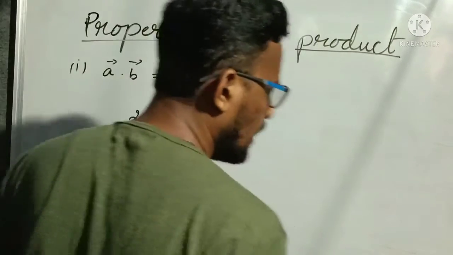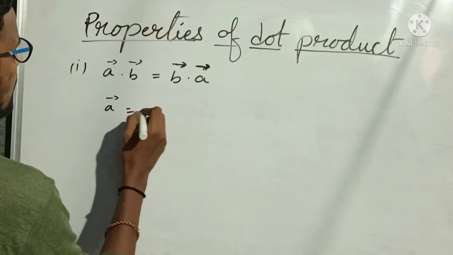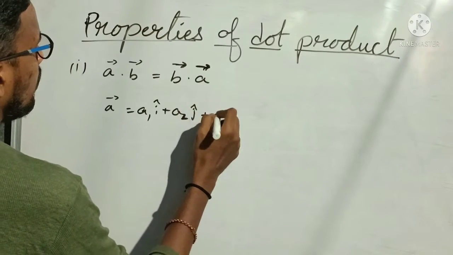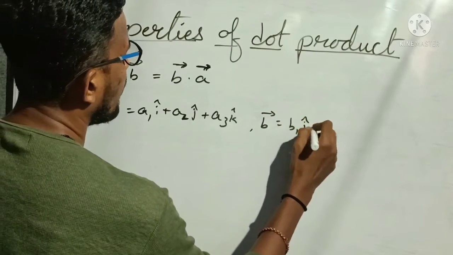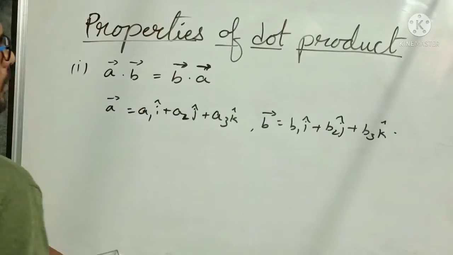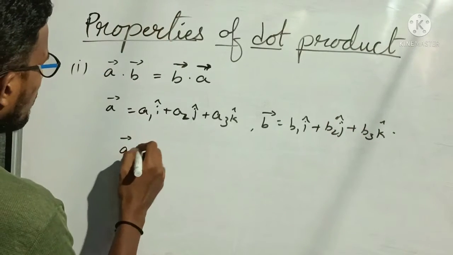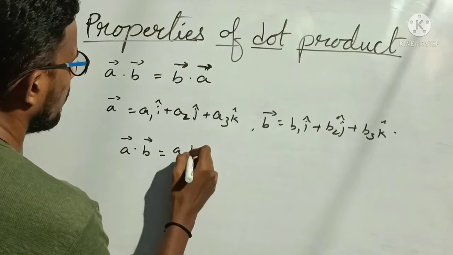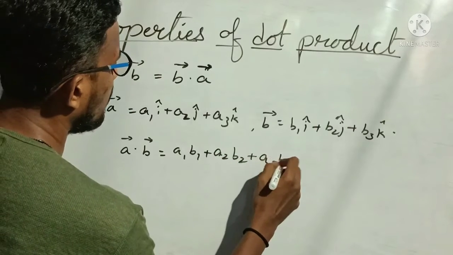Okay, why? Because see here, if I take a general example, a bar is equal to a1 i cap plus a2 j cap plus a3 k cap, and b bar is equal to b1 i cap plus b2 j cap plus b3 k cap, right? So if I want a bar dot b bar, then a bar dot b bar is equal to a1 b1 plus a2 b2 plus a3 b3, right?